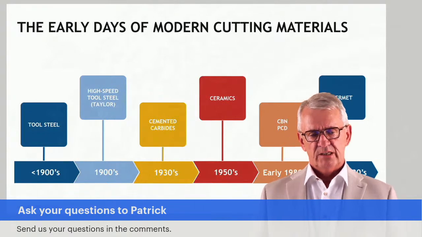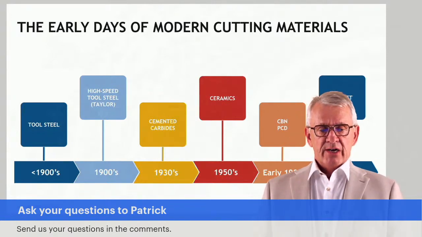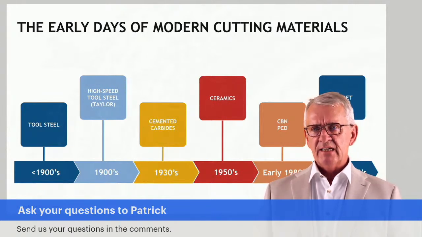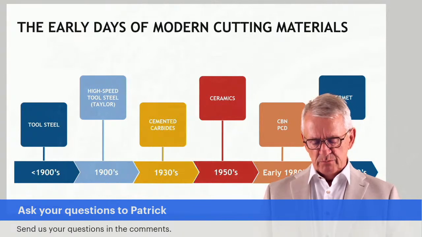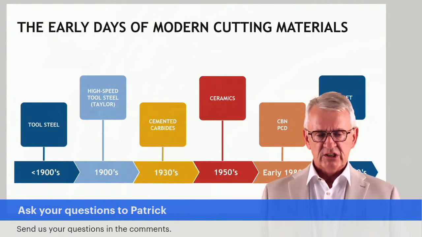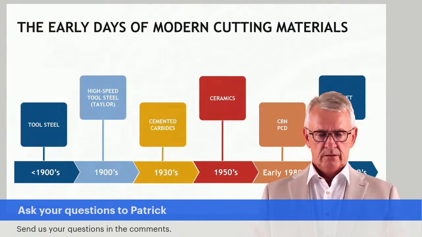So be careful with these things, because this also means that all these families, CBN, I remember the beginning of the 80s, CBN was the cutting material. There was only one called CBN. That's it. Today, CBN is the name of a family.